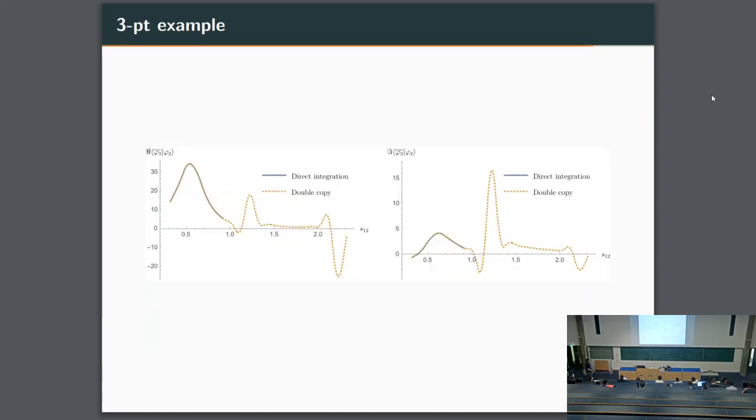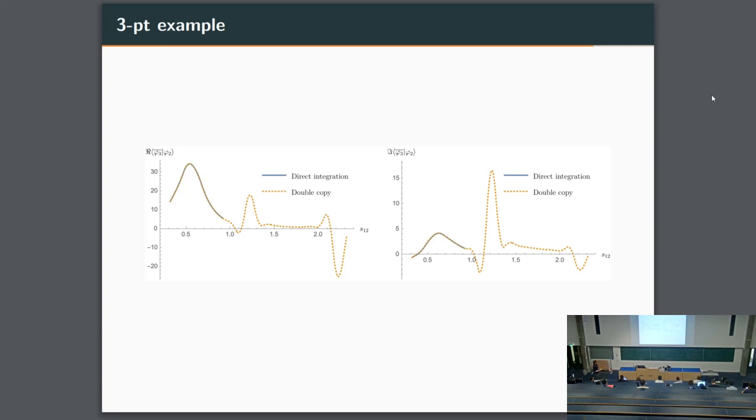And furthermore, if I look at these off-diagonal double copies where I take phi 3 bar and phi 2, it turns out that this double copy formula provides an analytic continuation in comparison to the direct integration, because eventually the direct integration no longer converges, but this double copy formula keeps working.